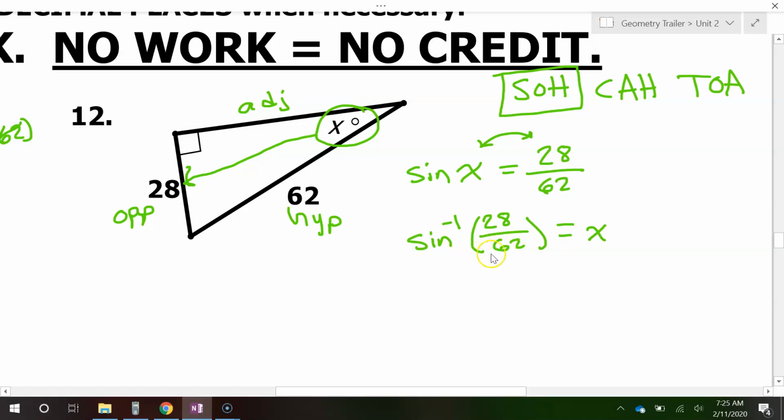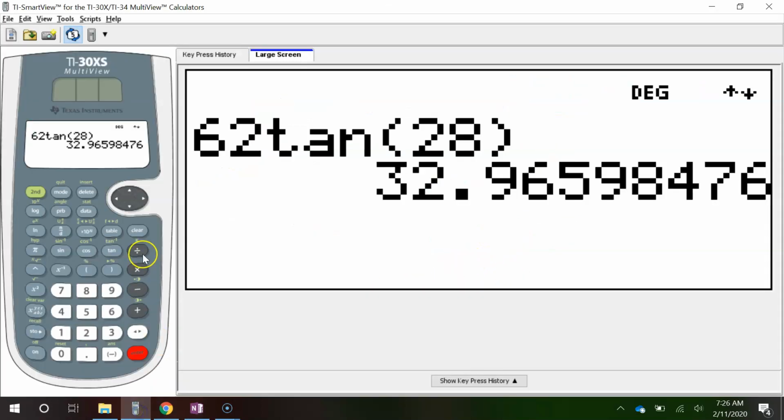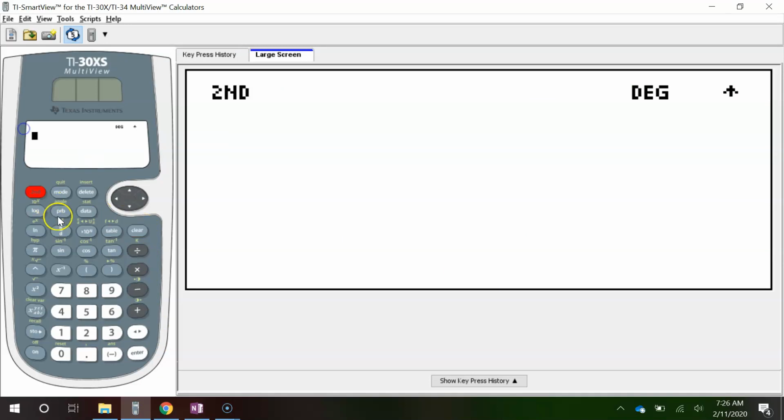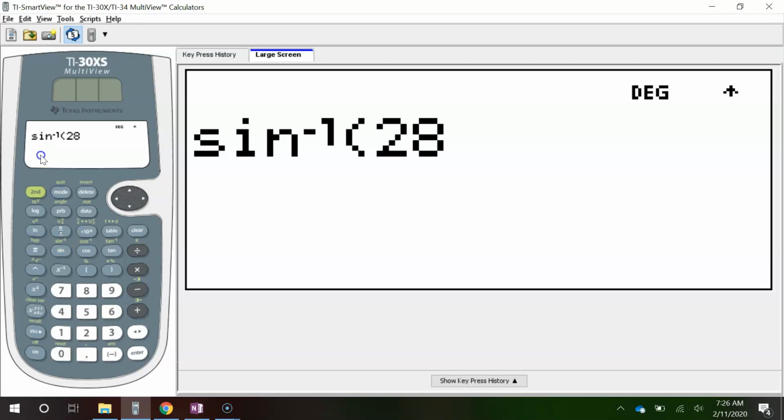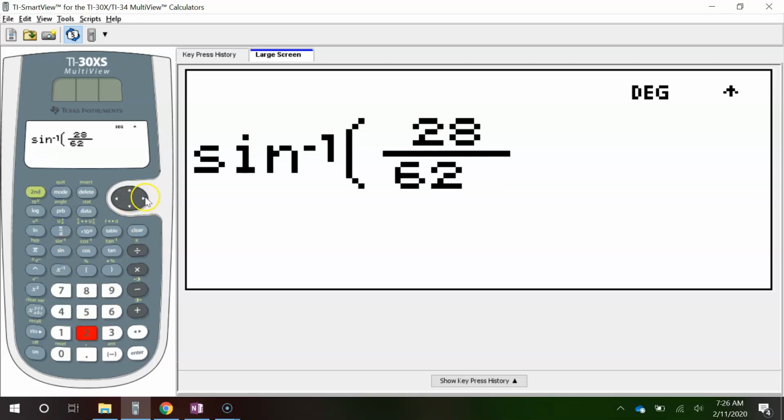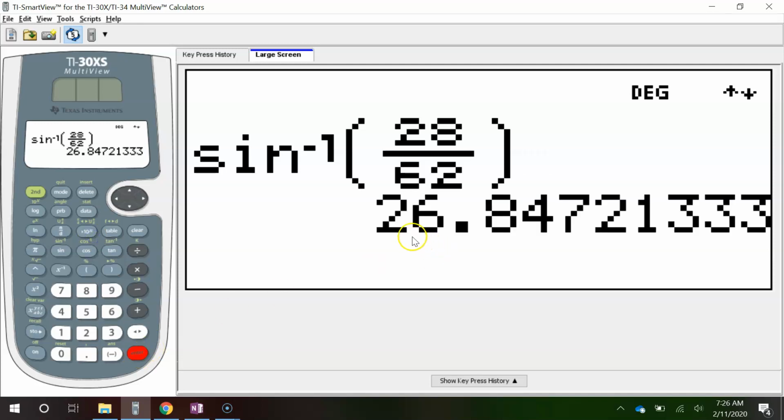And this just goes in the calculator. So inverse sine of 28 over 62. So that's 26.847.